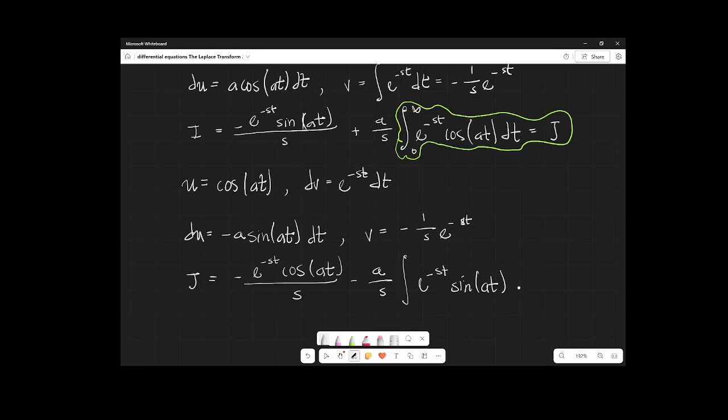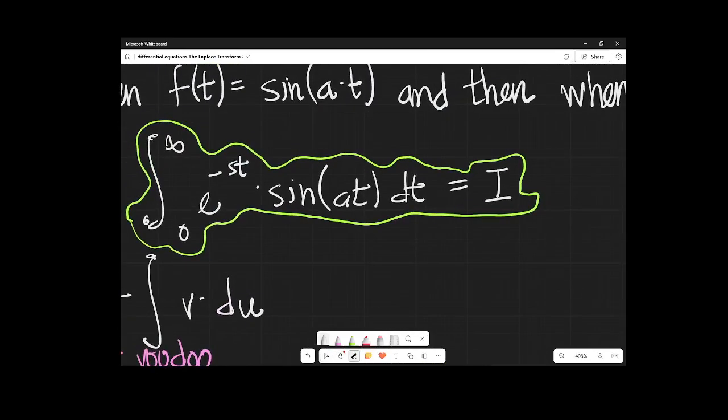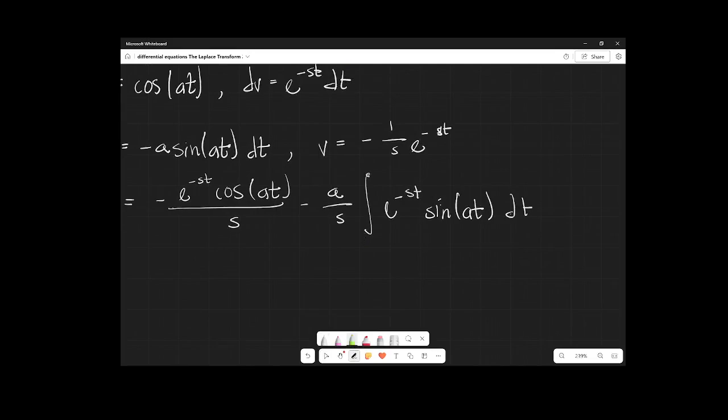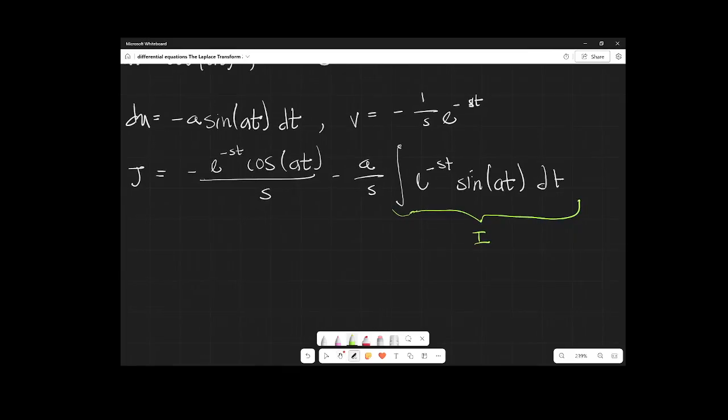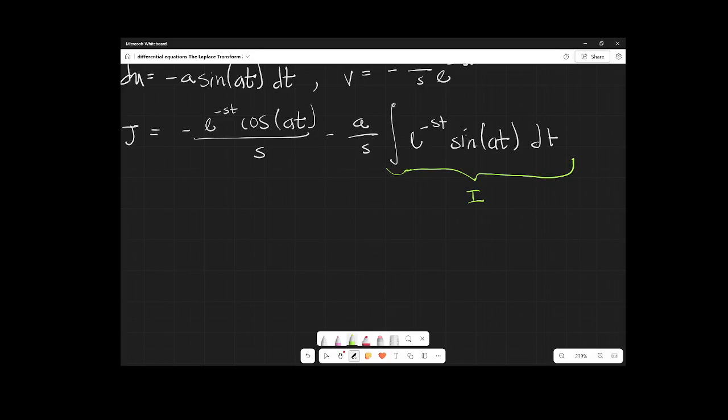Does this look familiar? Does this integral look familiar? Oh, look at that. This happens to be capital I. And so we can actually just replace, I don't want to write this all again, but I will.